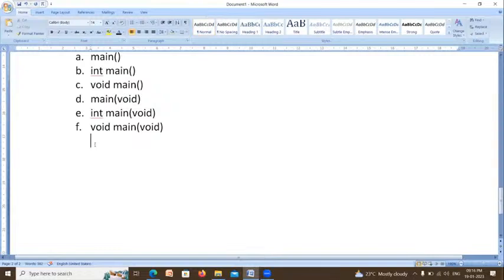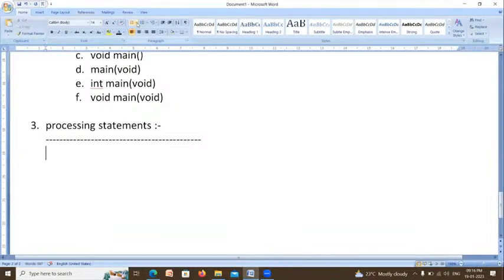Now the 3rd part is called processing statements. Processing statements are actually the solution to the program. It explains 3 things. One is what to do, in order to solve a problem.